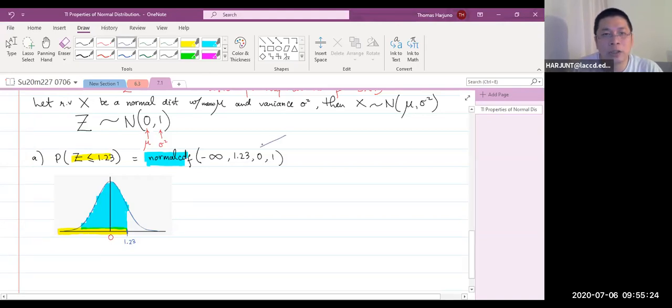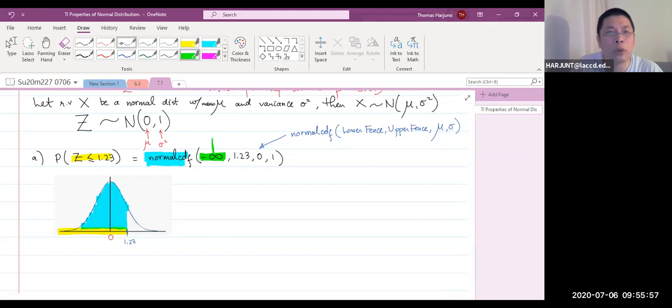The calculator notation will be normalcdf, lower fence, in this case negative infinity, upper fence, the mean and the standard deviation. Now, the thing is, we don't have negative infinity on our calculator, so we will replace that with negative E99. Oh, what is that, Thomas? Now let's take a look at our calculator.